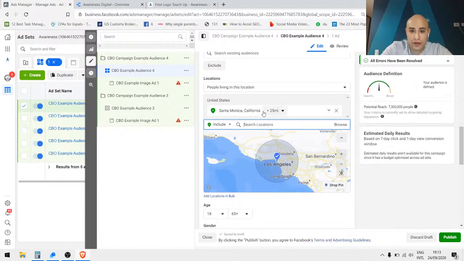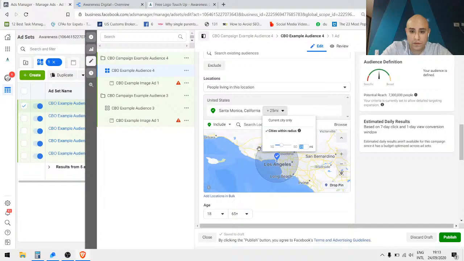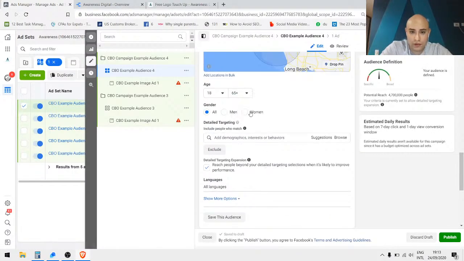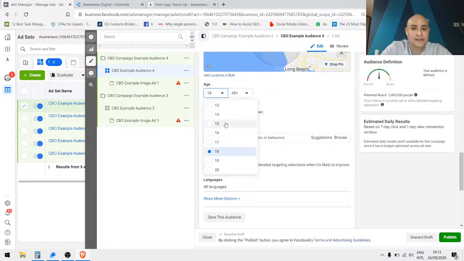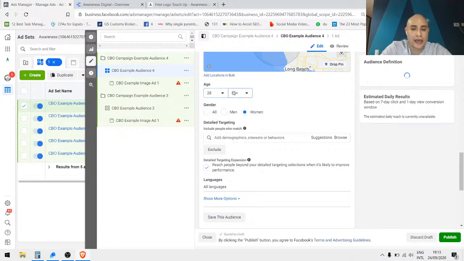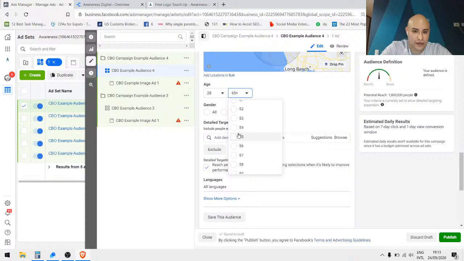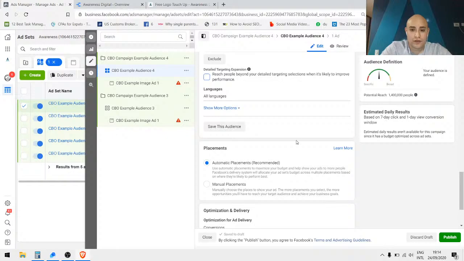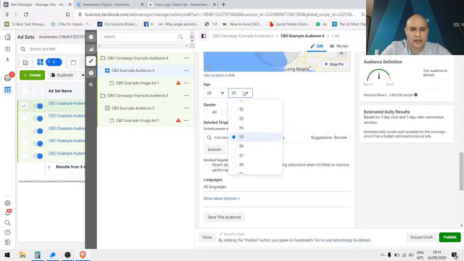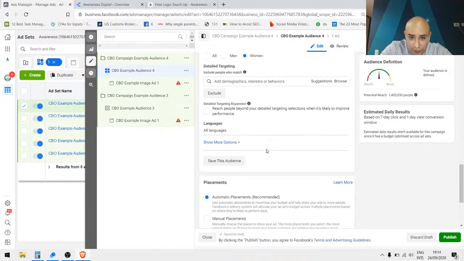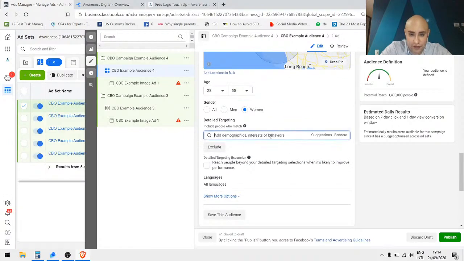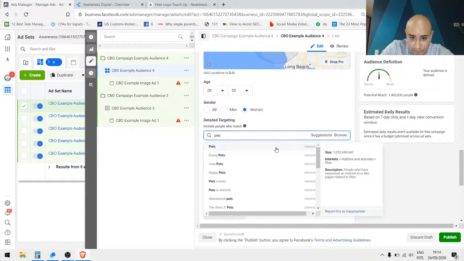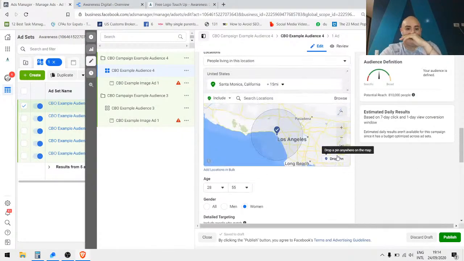We're doing the 15-mile radius again. 15, boom. We're doing women between the ages of, what did I say, 28 and 55. And we're taking this off. Did I say 55 or did I say 58? I don't remember. And then the interest is pets. Yeah, 810. Okay.